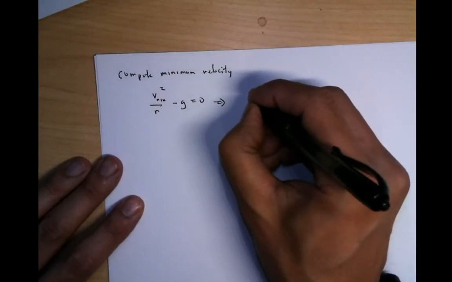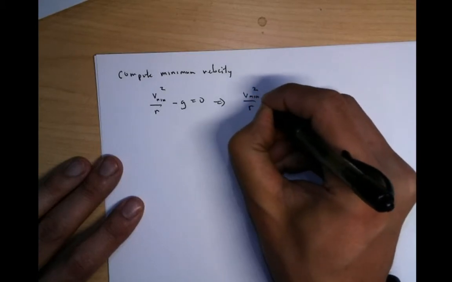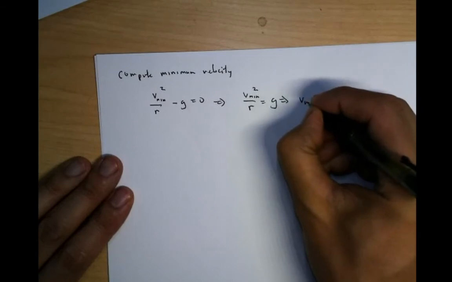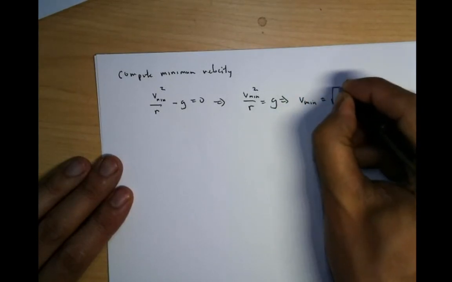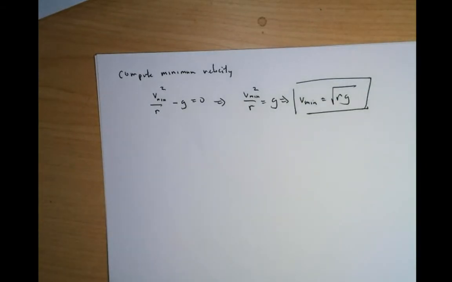That's v min squared over r is equal to g, which is v min is equal to the square root of r times g.